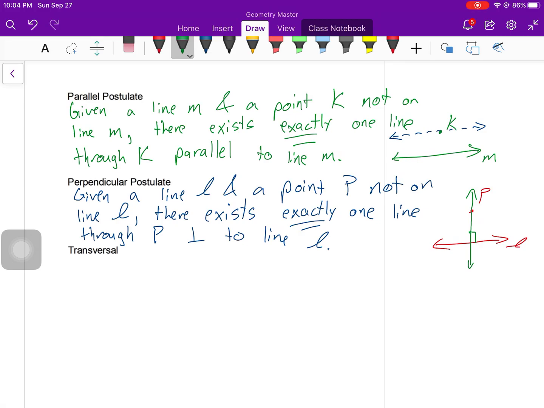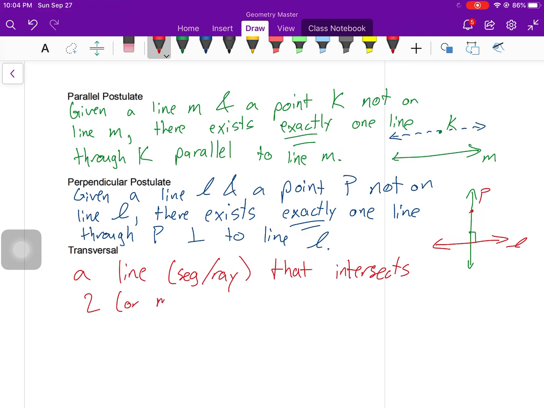All right, and then a transversal. Okay, this is a line. It could also be a segment or a ray, but we pretty much only ever really use lines that intersects two or more lines, and again, it could be segments or rays as well.